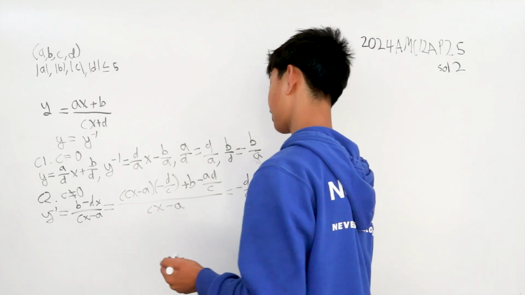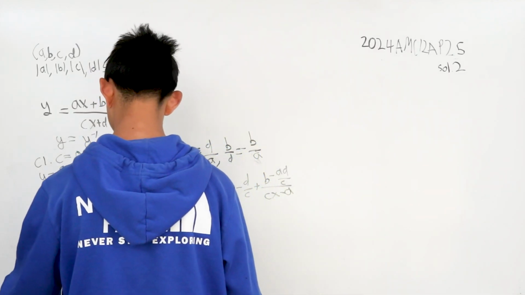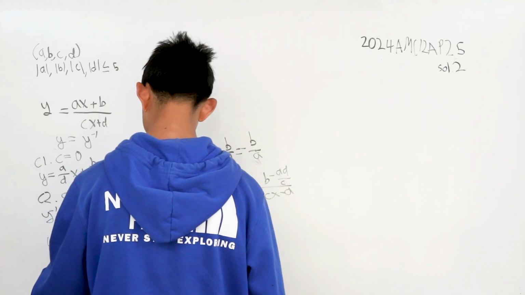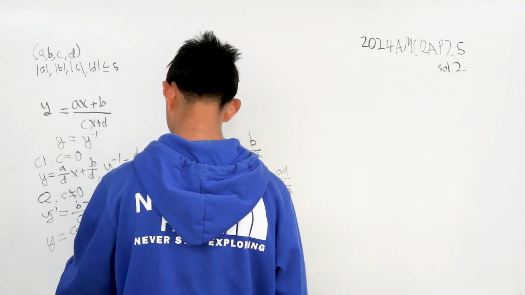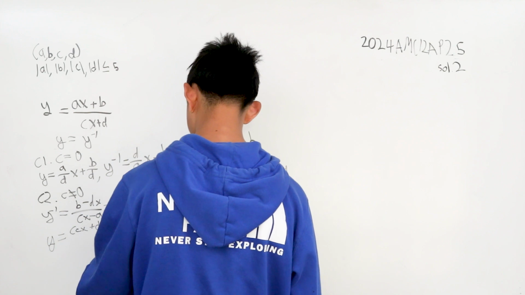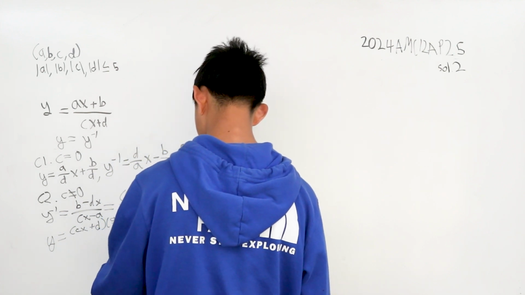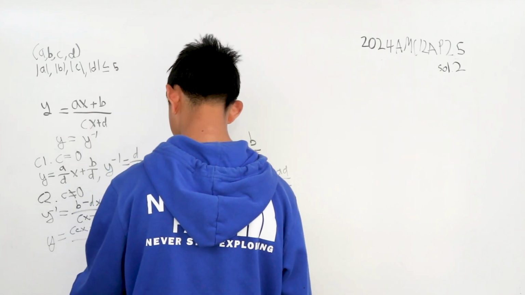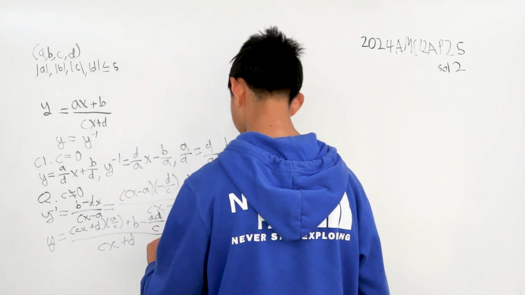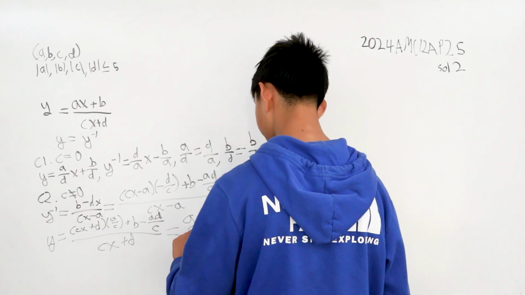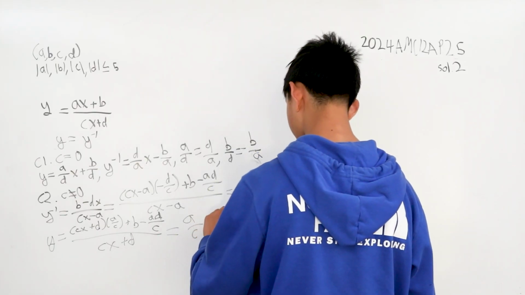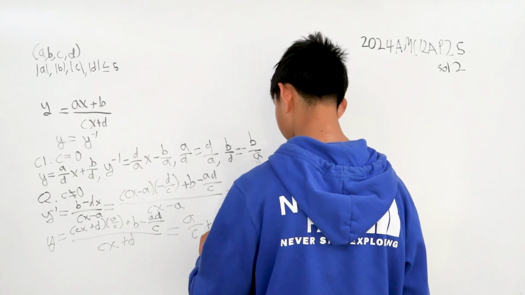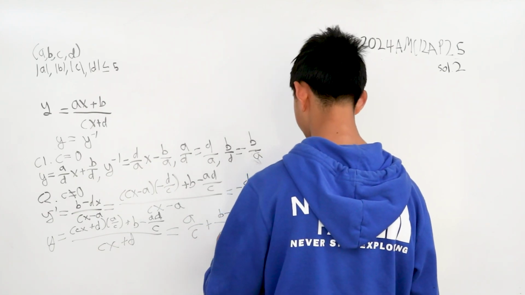Now, the normal function, y, would be equal to cx plus d times a over c plus b minus ad over c, over cx plus d. This gives us a over c plus b minus ad over c, all over cx plus d.